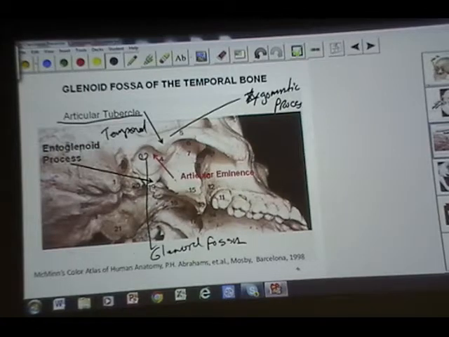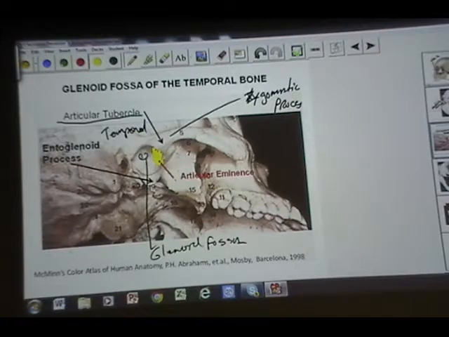Okay, now on the inside, going from lateral to medial, we have this surface, on the inside of the articular tubercle, on this ridge that the mandible is going to be running against. And this is referred to as the articular eminence.